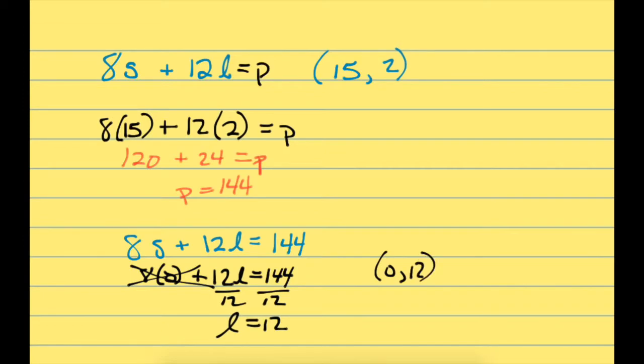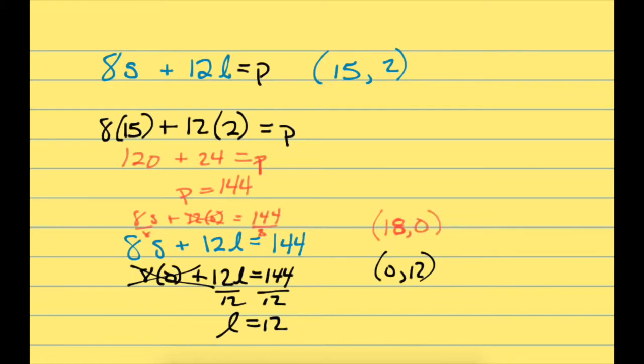And if I use 0 large vans, how many small vans will I need? If I divide both sides by 8, I find that I need a total of 18 small vans. Sorry, 18 small vans. I think that number didn't make sense.